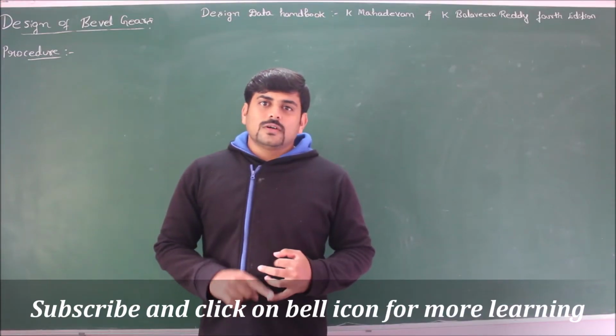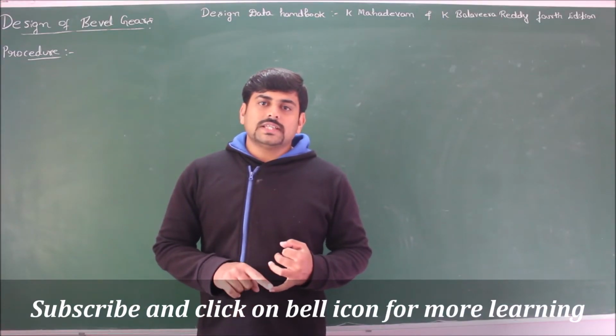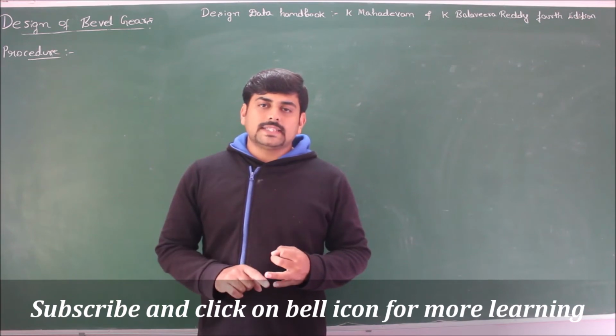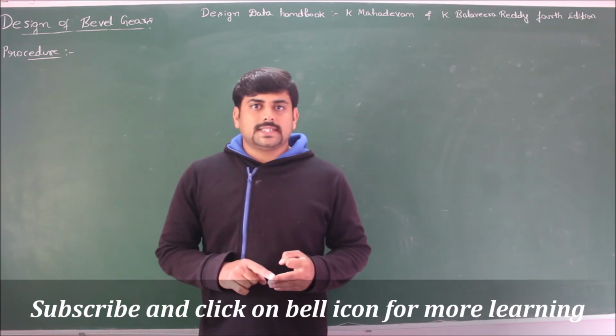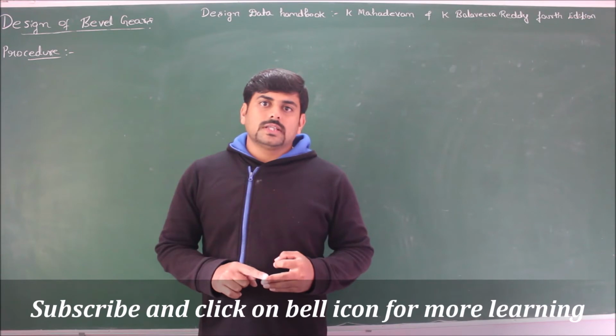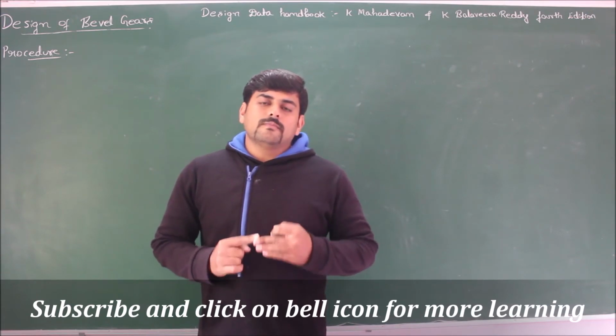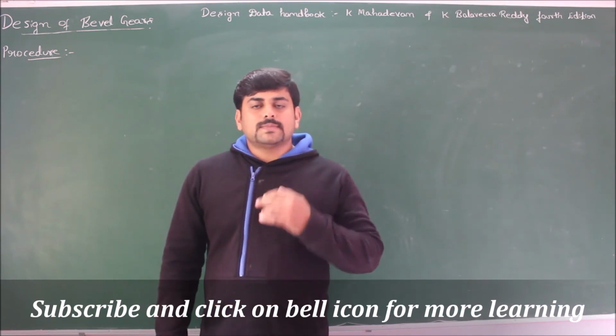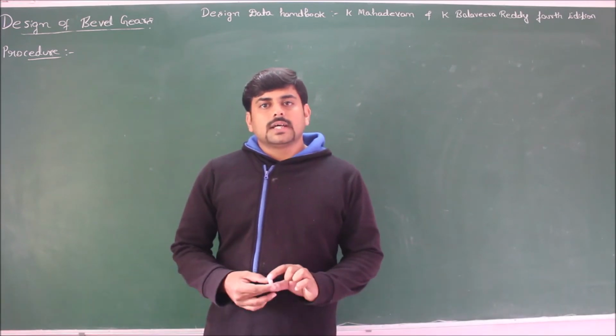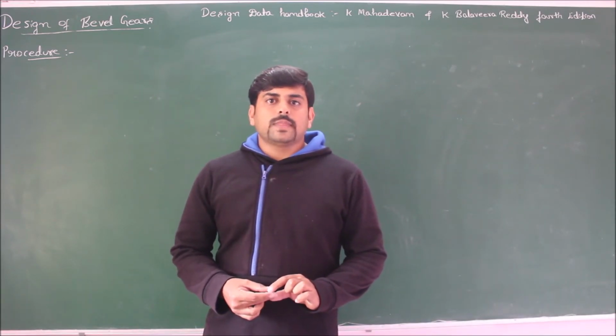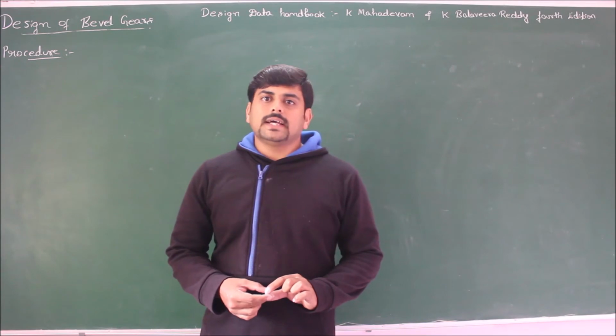Once we know in what form we should solve the module equation, the material details, and also the number of teeth, we can solve the design of bevel gears. Moving on to the steps to solve the bevel gears. Step number 1 is to find the pitch angle of both pinion and gear.